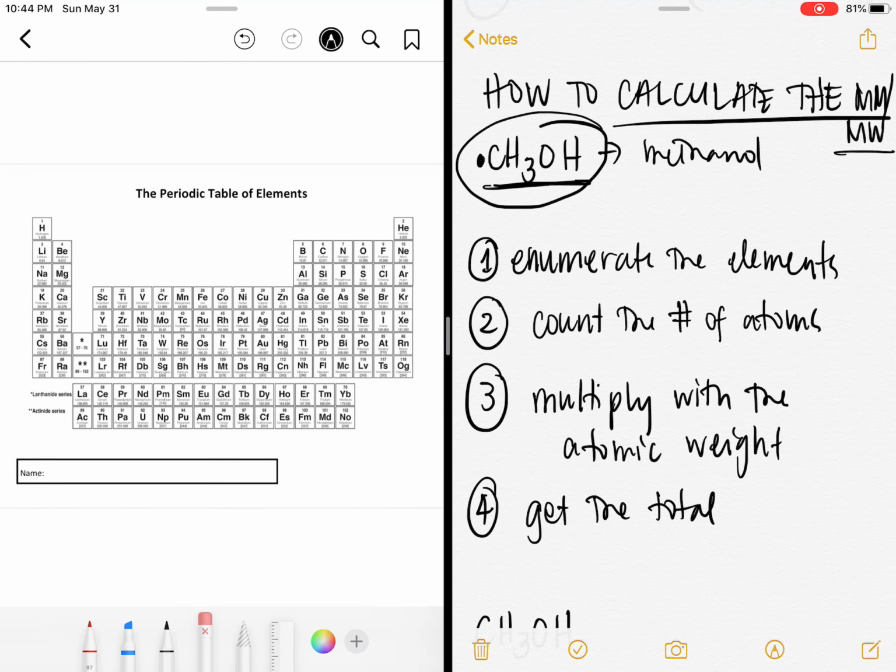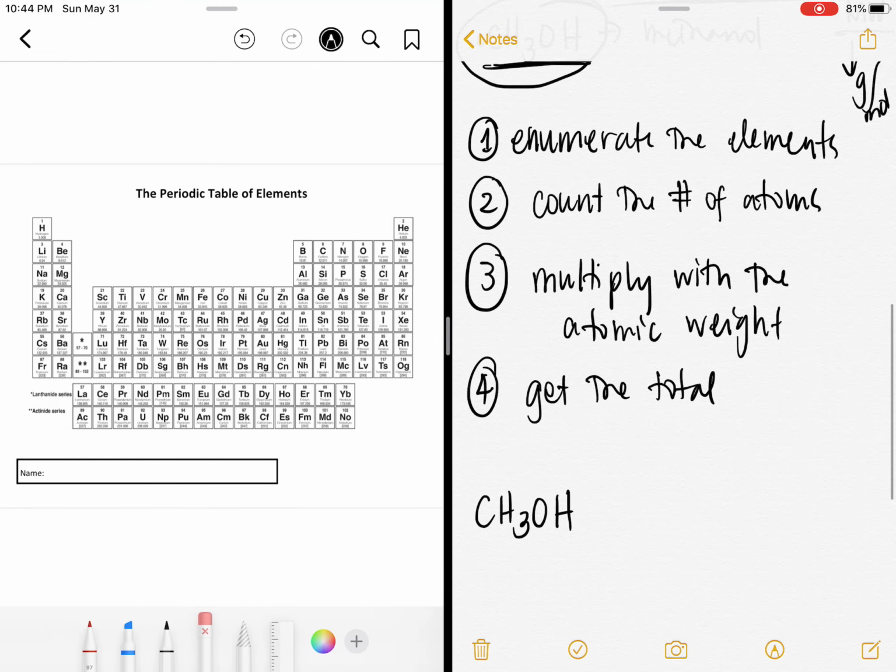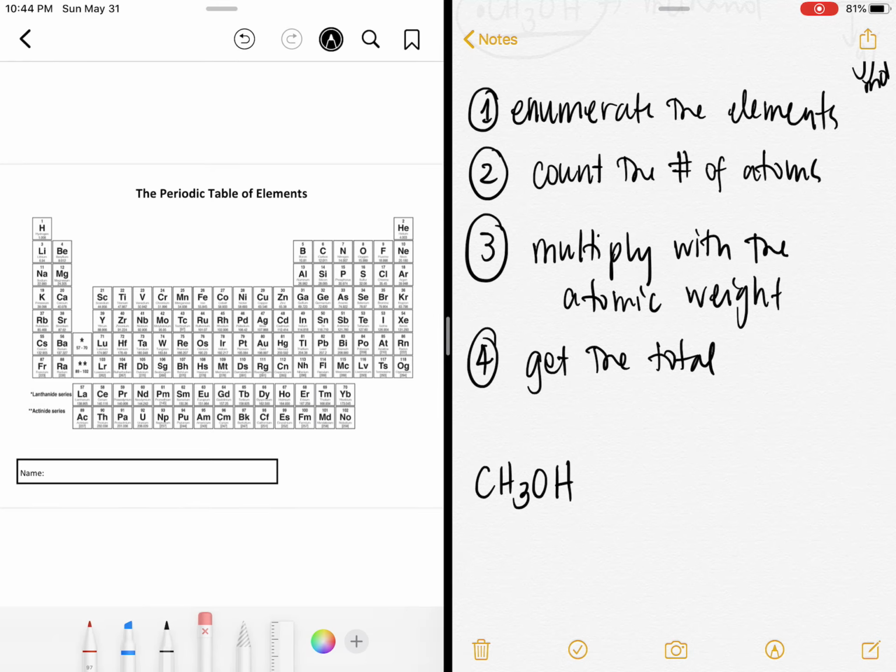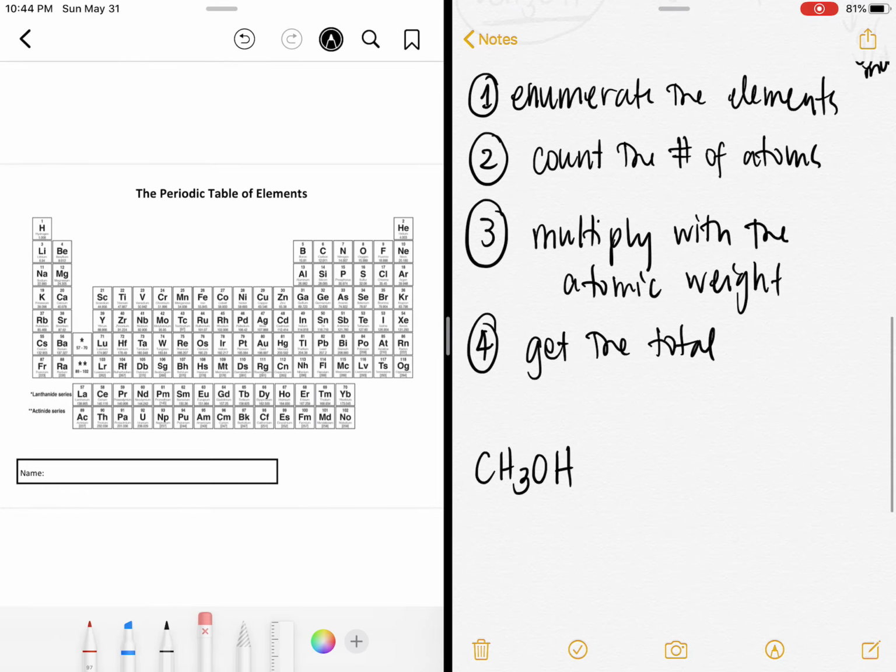Before we do the steps, what is again the unit for molecular mass? Gram per mole. Ayan, yan po yung unit ng ating molecular mass, also known as your molecular weight.